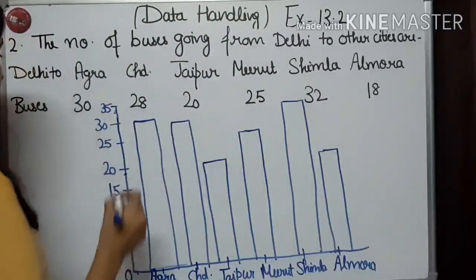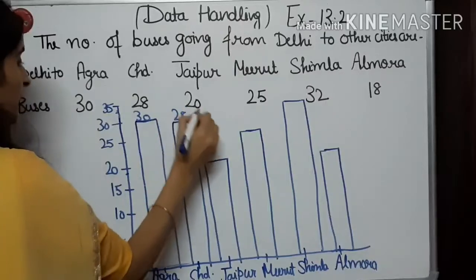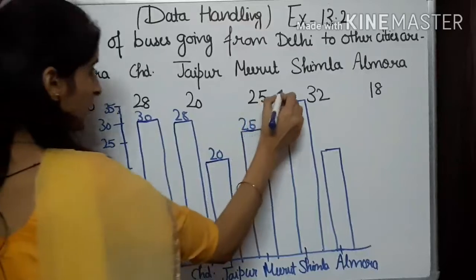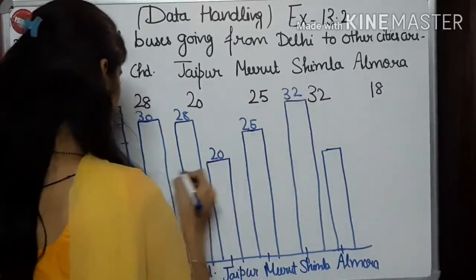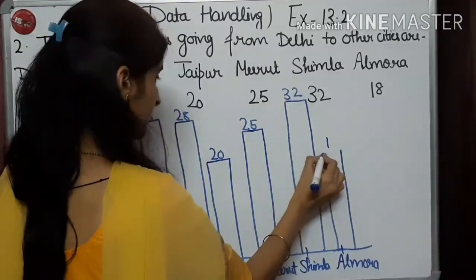So here we can write 30, 28, 20, 25, 32 and then 18.